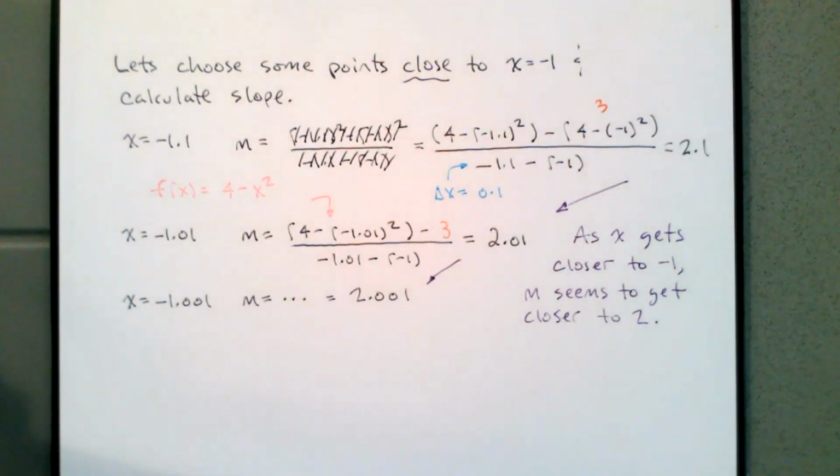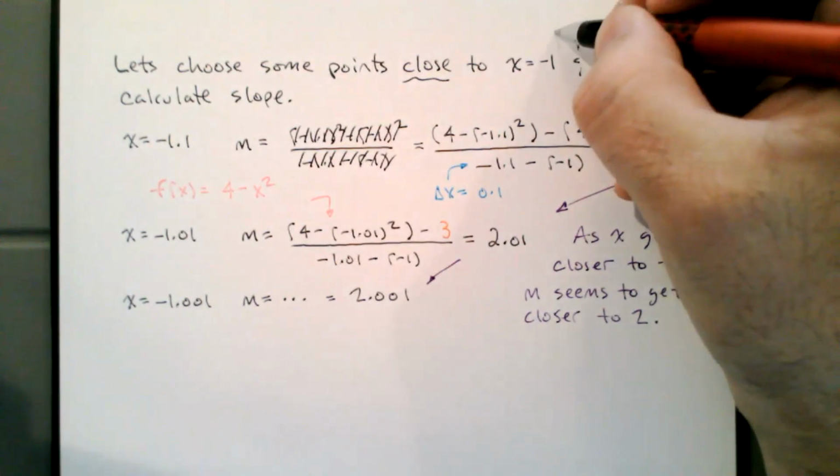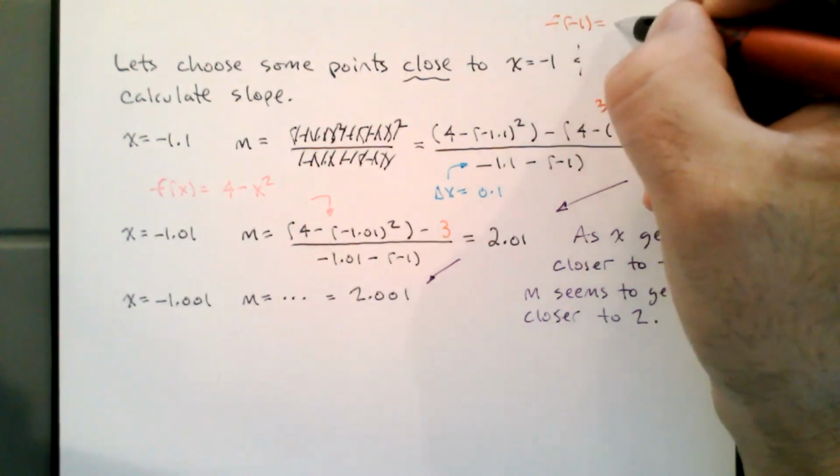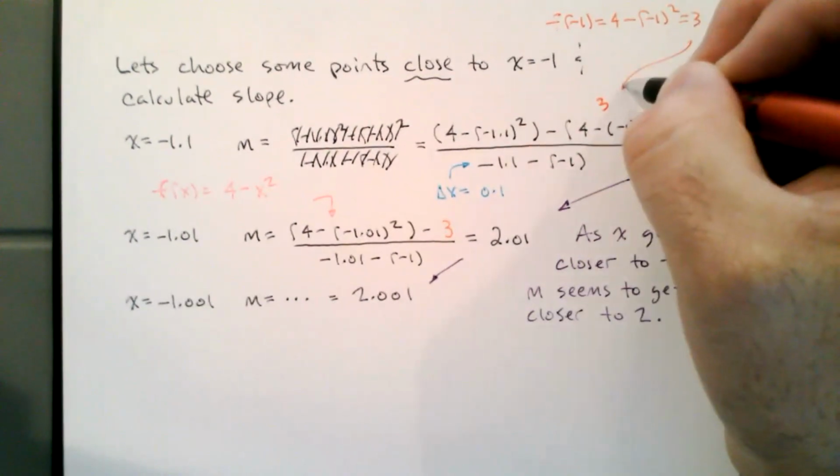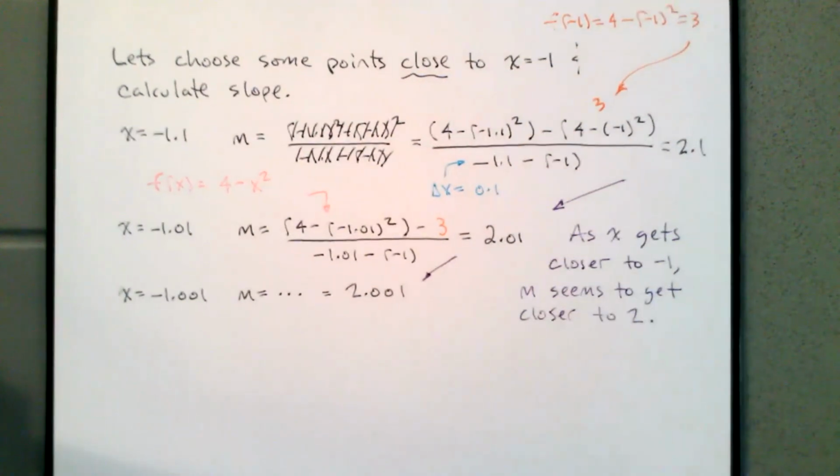Where did the 3 come from? 3 is just what happens when we plug -1 into the function 4 minus x squared. I'm evaluating the function at -1.1 and evaluating the function at -1 and calculating the slope between those 2 points. Then why did you subtract it?